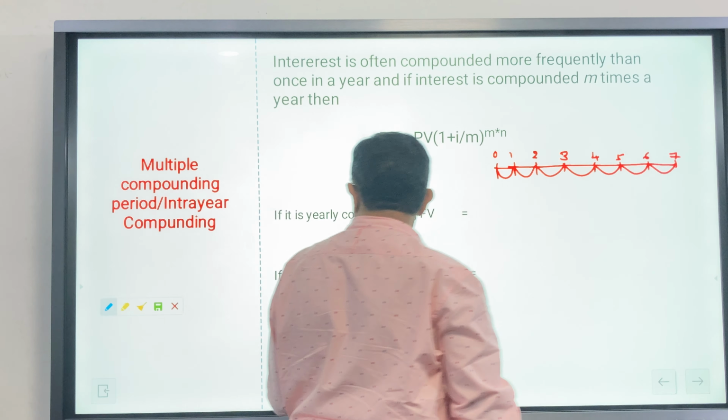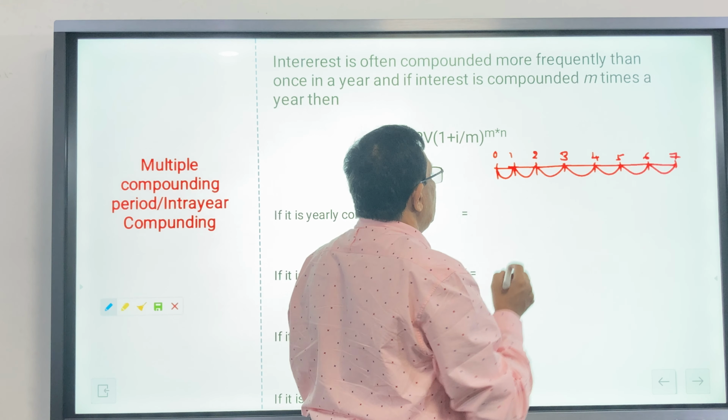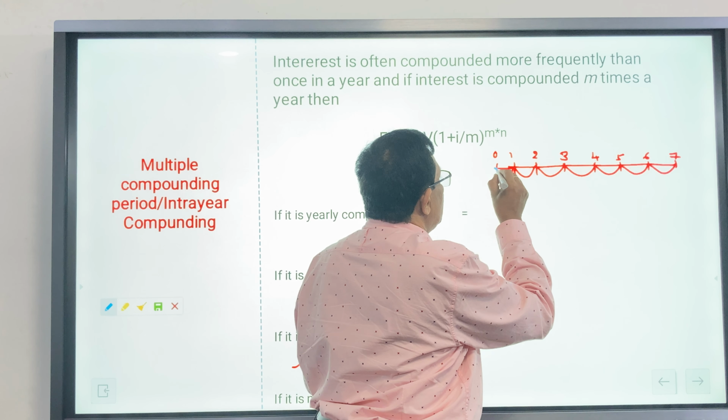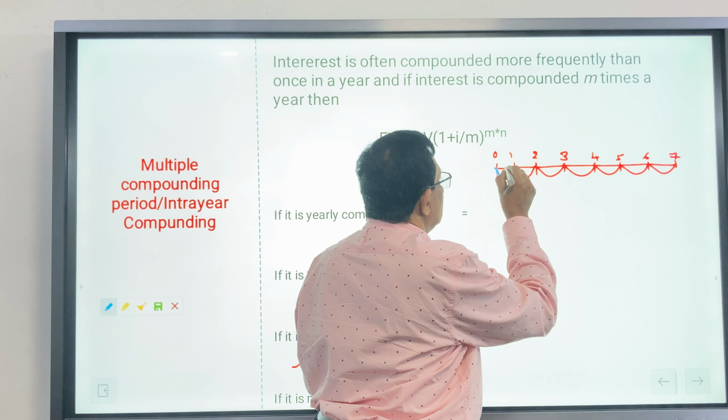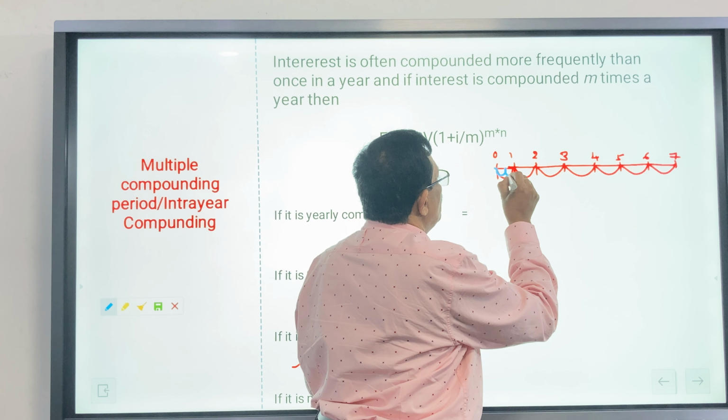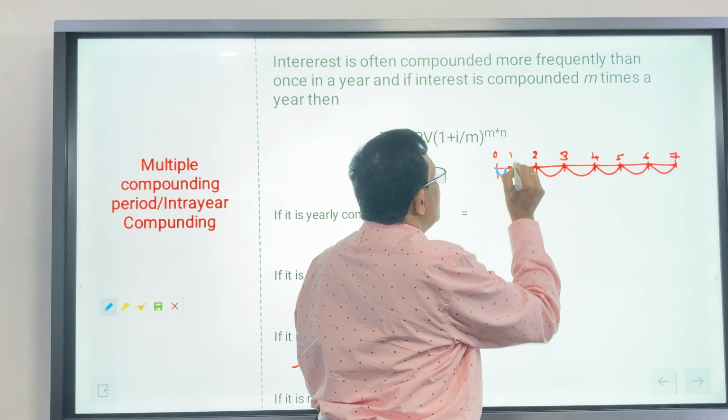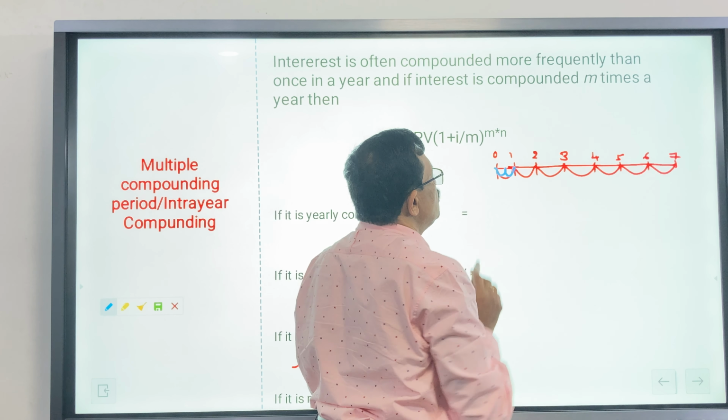Supposing that it is going to be a 6 monthly compounding, then interest is going to be calculated from here to here. Then principal is added to that. Again on that particular new principal, we are going to calculate the interest and we are going to get a new principal.